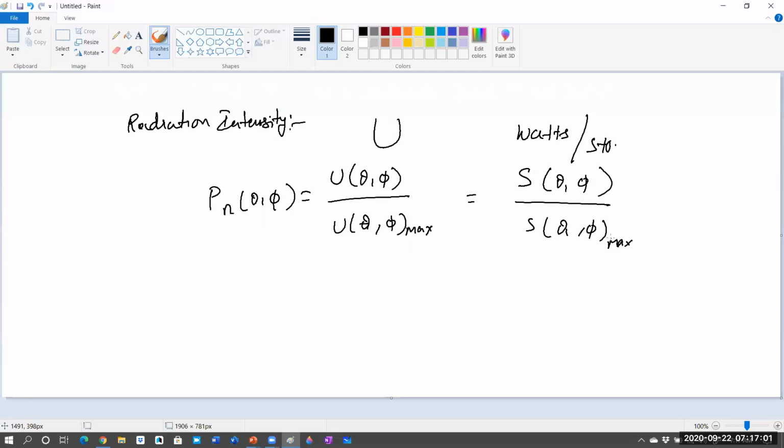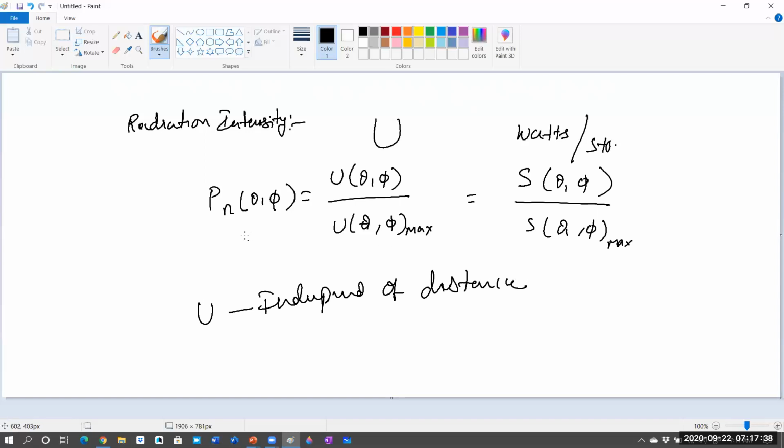Whereas the Poynting vector S depends on the distance from the antenna, here the radiation intensity is in watts per steradian. One is about the steradian and one is about the radian. The radiation intensity U is independent of distance.